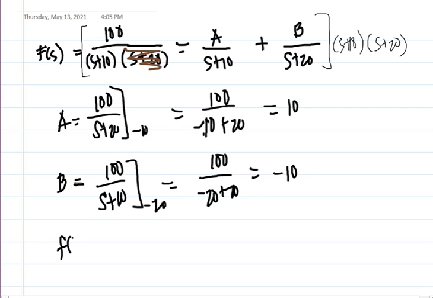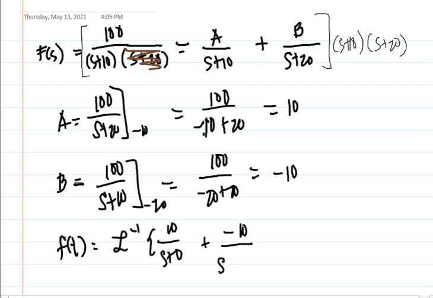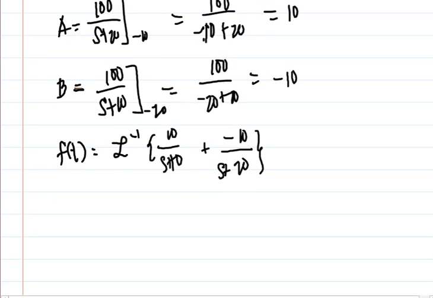So, we have function of t is equal to, we will find the Laplace or inverse Laplace transform of A, which is 10 all over s plus 10, plus B, which is negative 10 all over s plus 20. So, we will perform the inverse Laplace transform.